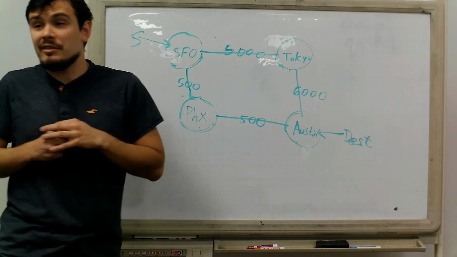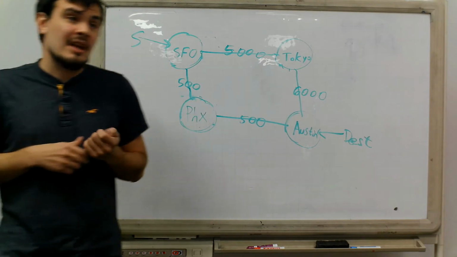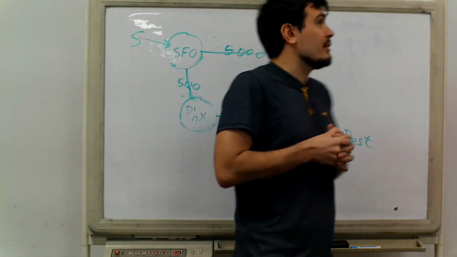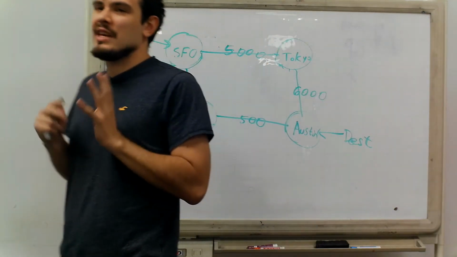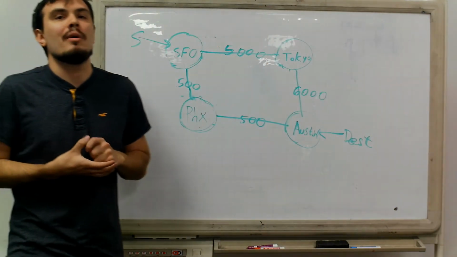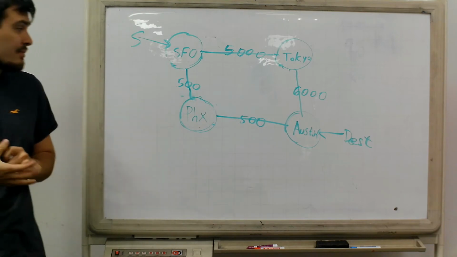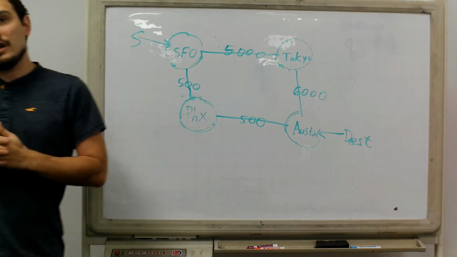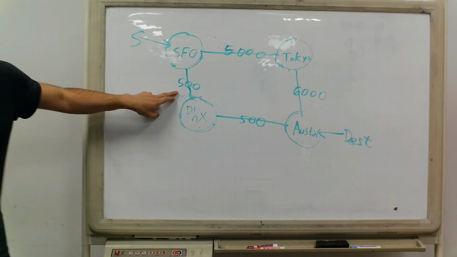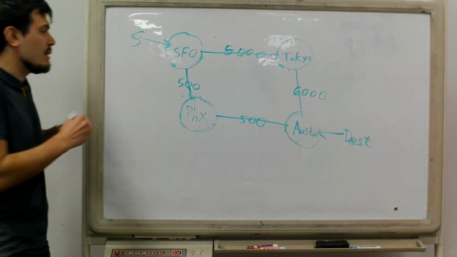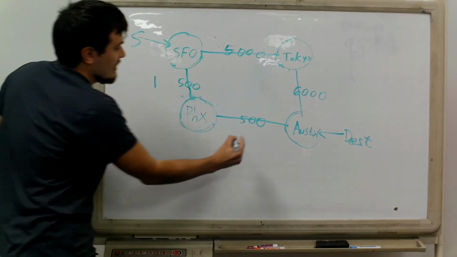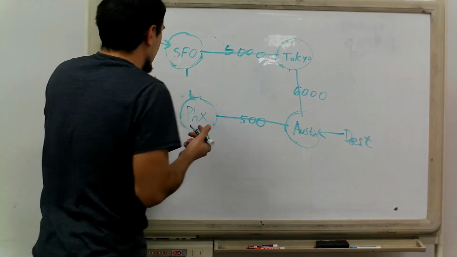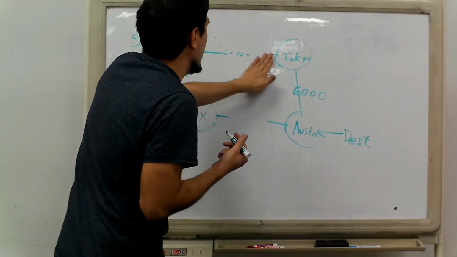You could make it miles, you could make it travel time. Thinking about air travel, this is just to give you an idea of how you might go about modeling problems with graphs. So for airline travel, what happens, by the way, if you make every weight 1? This is a good thing to see. What happens if we make every weight 1?